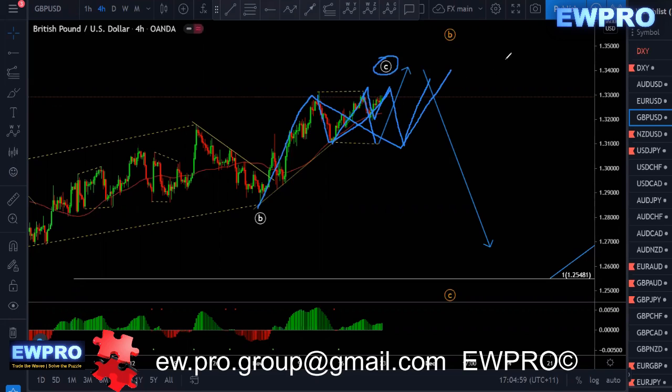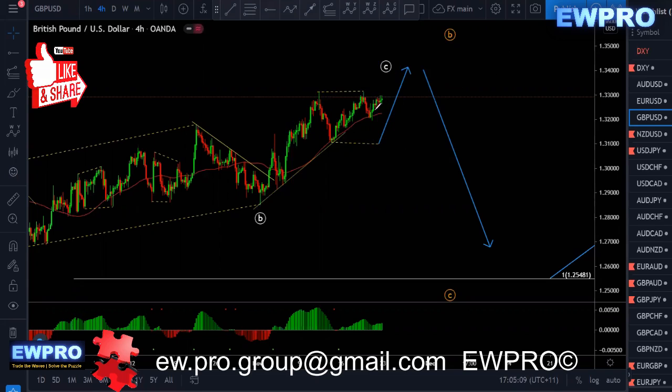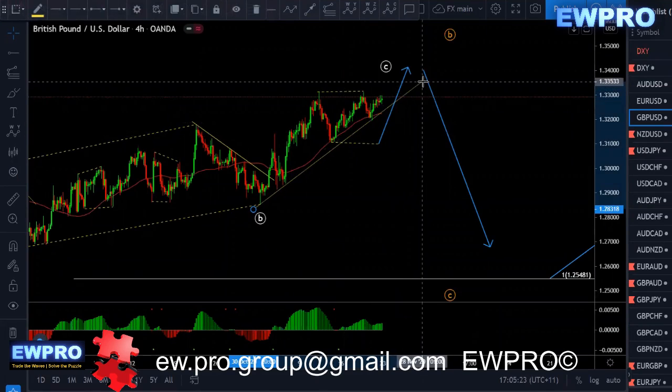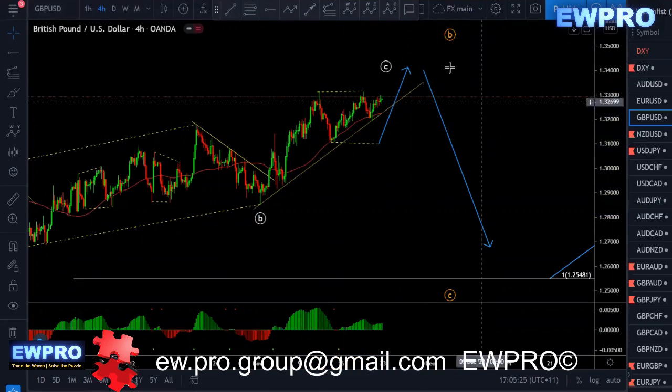So at this stage, there's really nothing to trade on it until you get something solid. Hopefully it breaks this top, gives us that bearish divergence, gives us a trend line break and something to sell.